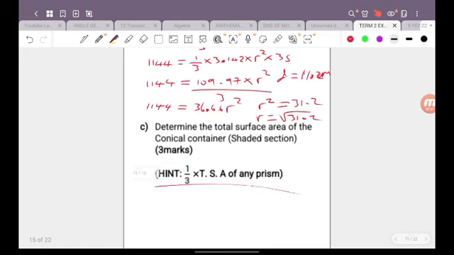Here is where we need a bit of knowledge: the total surface area of any prism is equal to the curved surface area plus 2 times the area of the top and the bottom, depending on if the prism has a top and a bottom.